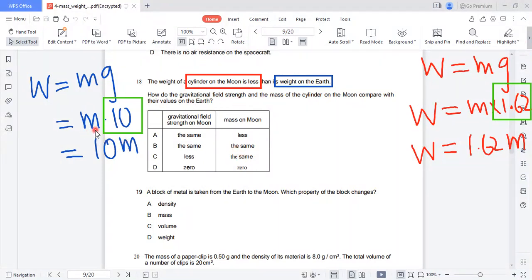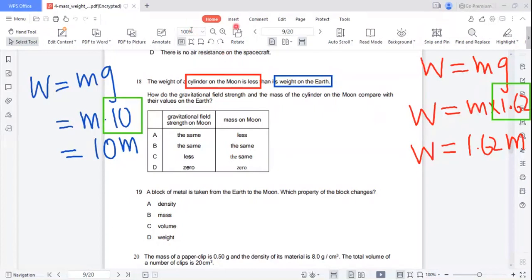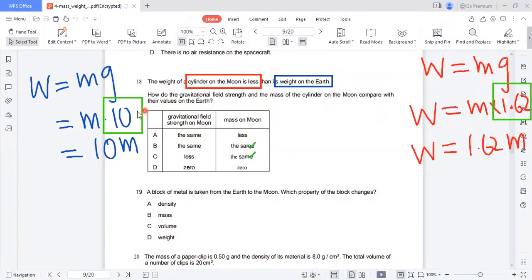You can see mass is the same whether it is on Earth or on the moon. So mass is not going to change. Mass on the moon is the same. And what about gravitational field strength?